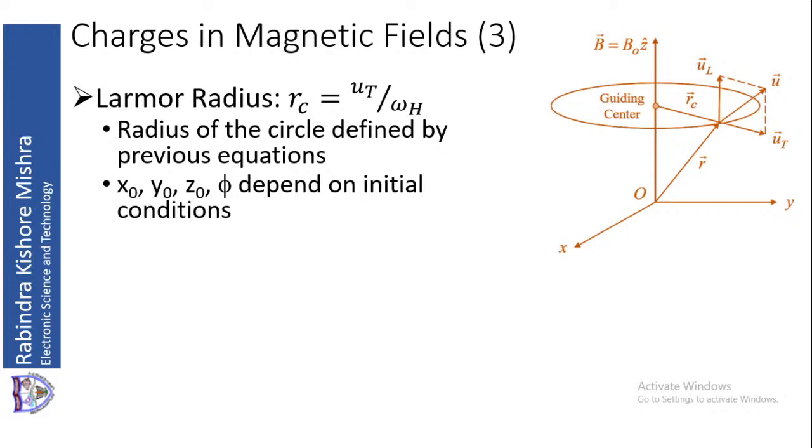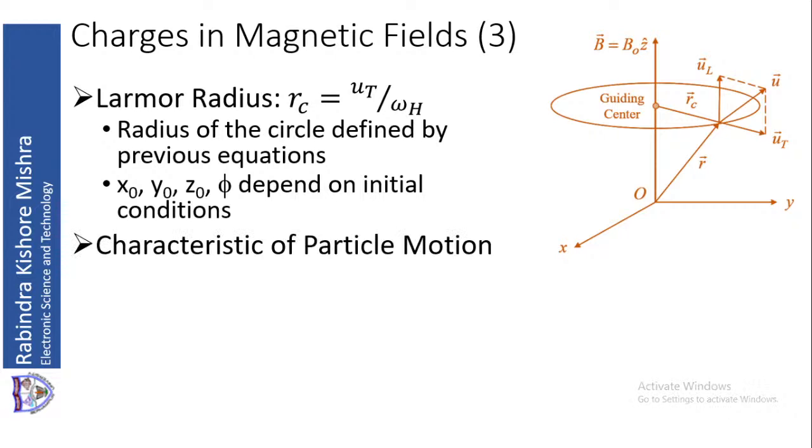And now you can see, as we discussed, the picture here. What is the picture? It shows you the x, y, z directions, that is the coordinate system. Then a circle of radius rc at a distance r from the origin. We are considering a point on this circle. At any point there, you will get ul, which is along the z direction, and ut is in the xy plane, in a plane which is parallel to the xy plane.